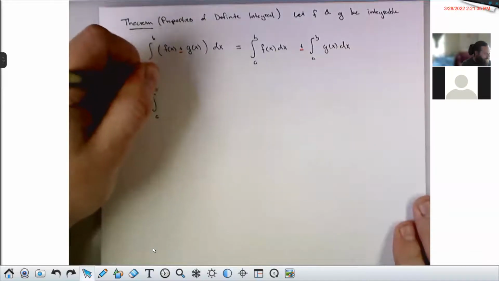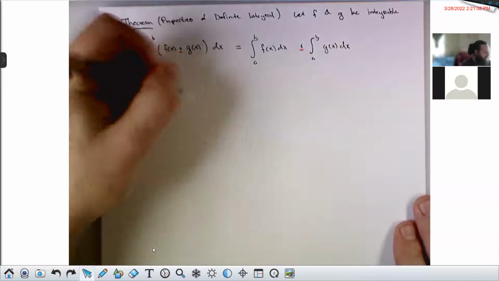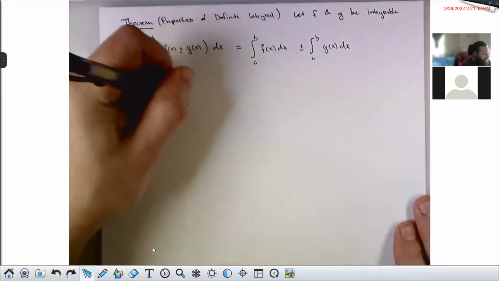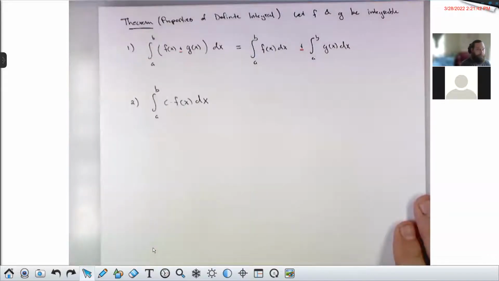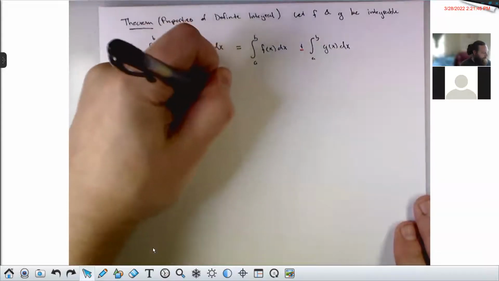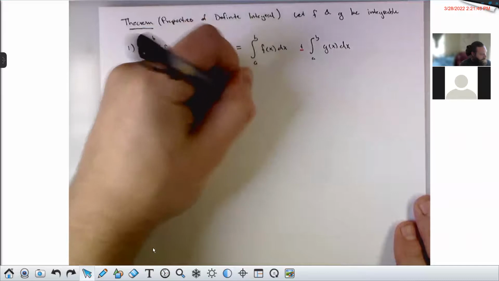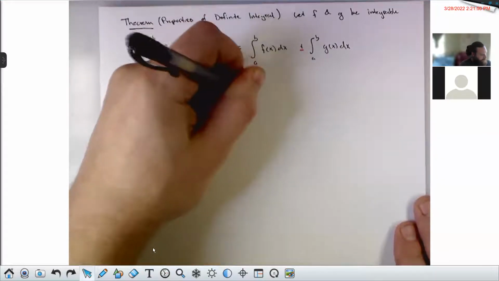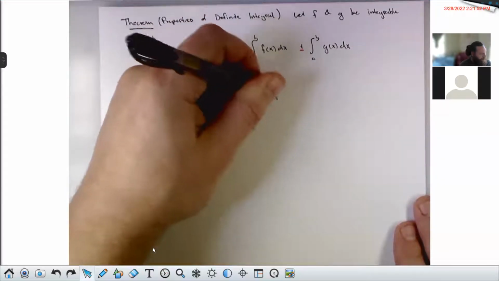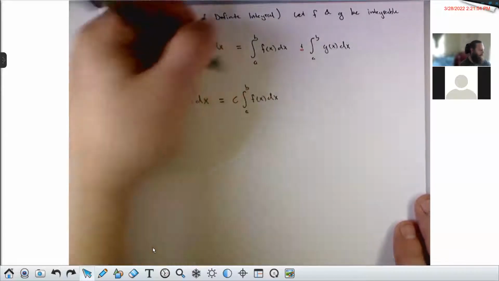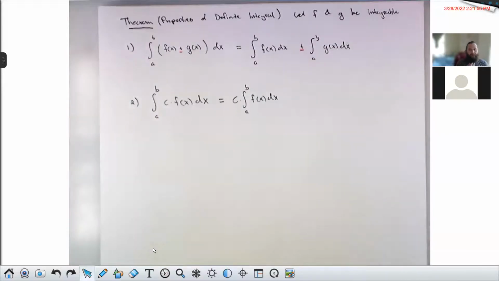The integral from a to b of some constant times f of x dx is the same thing as taking the integral from a to b of f of x dx and then multiplying by that constant on the outside.